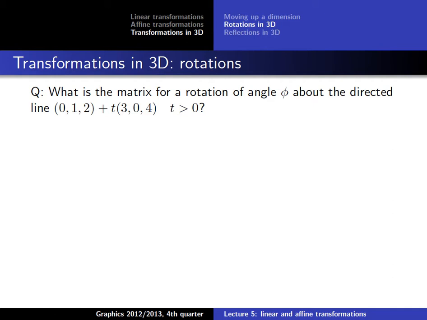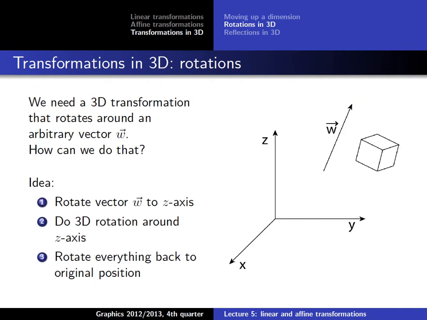And of course, I've introduced this simpler case now because of this approach that we also had before in 2D when we said we have a more complex transformation. One way to do this is to just break it down in simpler transformations and then combine them with matrix multiplication to get the more complex transformation.